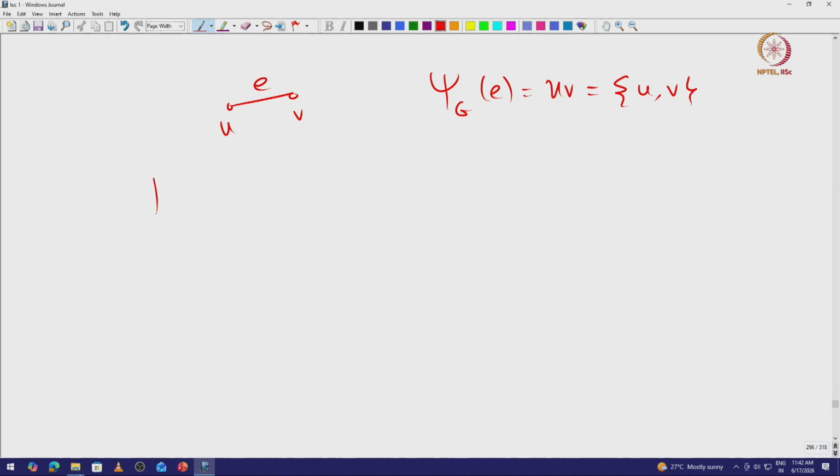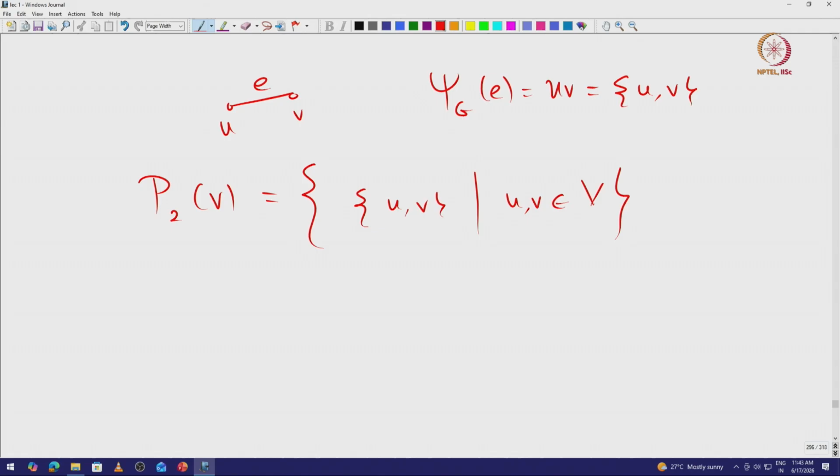So, what is P 2 of V? P 2 of V consists of all 2 element multisets where the elements come from this capital V. You take all possible unordered tuples u comma v, where u and v come from capital V. Now it can happen that u could be equal to v.